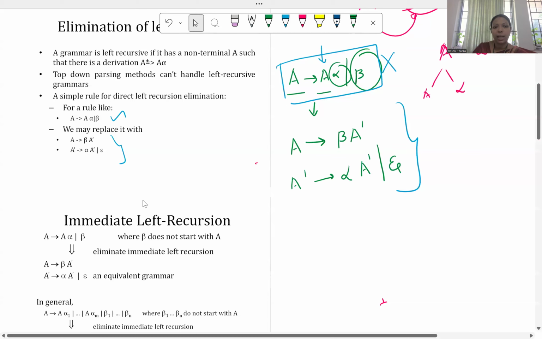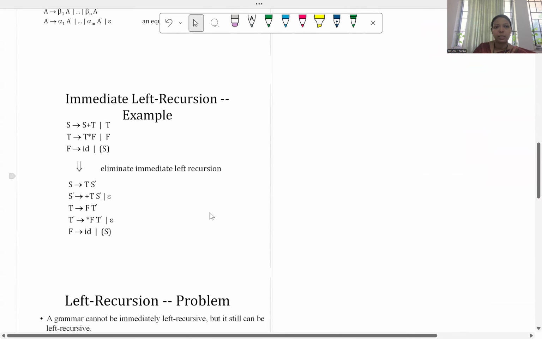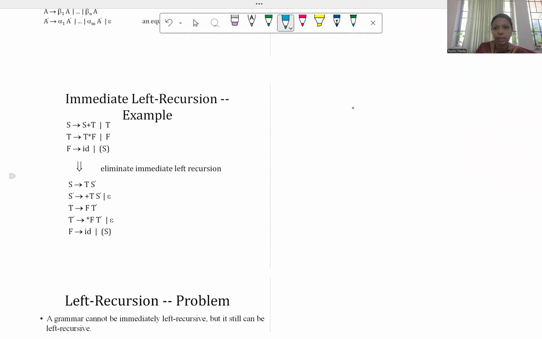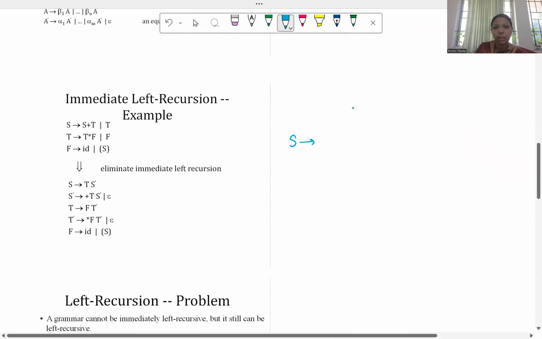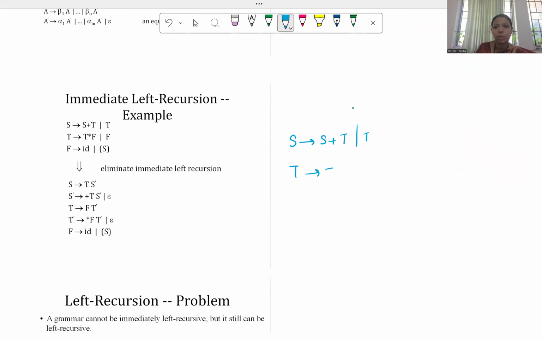So let us take an example and we will discuss. Let me write it for you. What is given here is S tends to S plus T, and T tends to T into F, and F tends to ID or parenthesis S. So this is the context-free grammar given to parse.